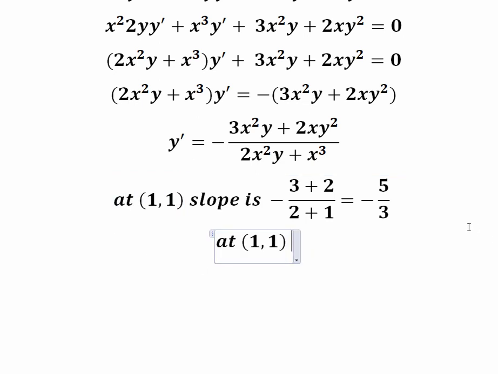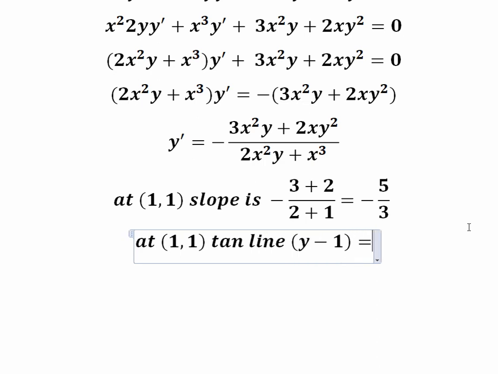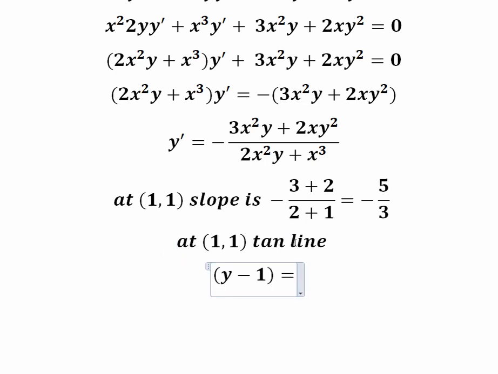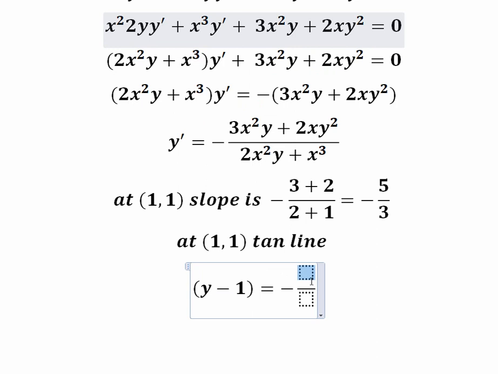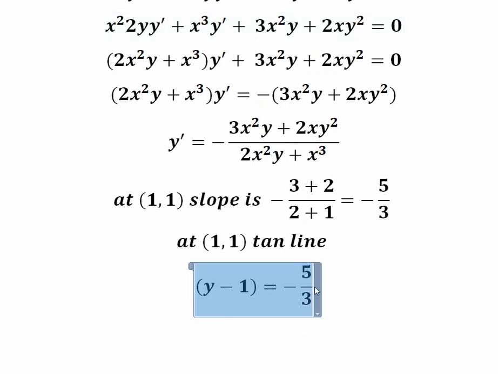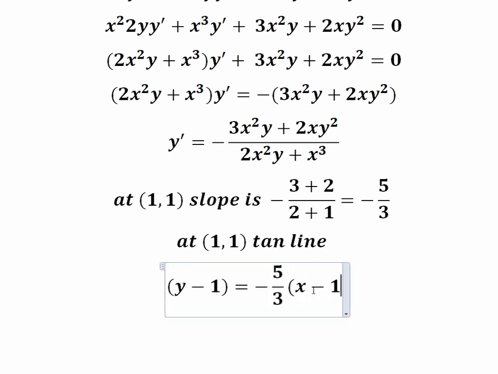So at 1, 1 the tangent line has equation y minus 1 equals negative 5 over 3 times x minus 1.